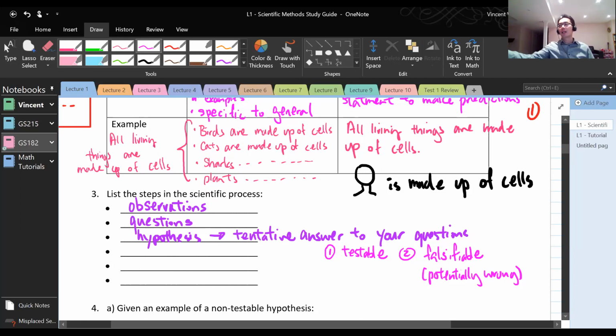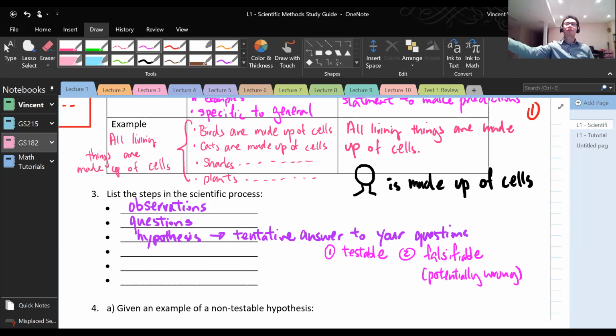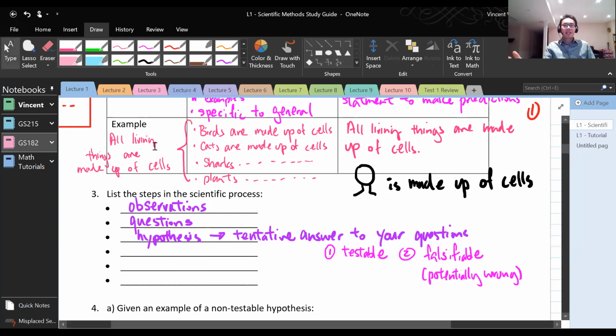So you observe that frontline healthcare workers get sick more due to COVID. That's an observation. You're not doing any experiments per se. And the question you ask might be, oh, why is it happening? And then you theorize that maybe it's because they don't have enough PPE. That's a tentative answer.